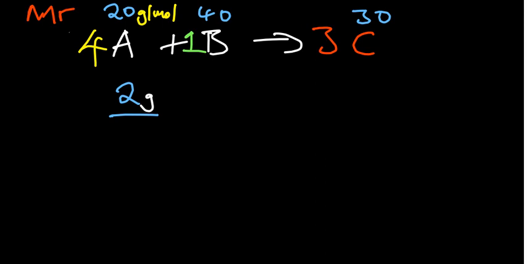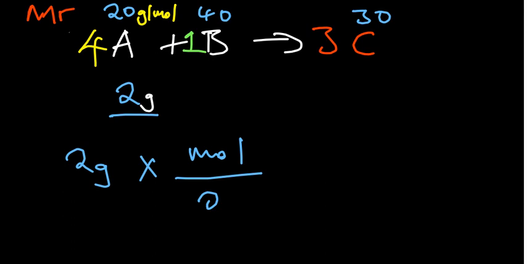So considering a case where you have 4 to 1 as our ratio, and then you've got 2 grams of A, you should be able to determine how much of B is required to react. How? We'll find the number of moles. We said number of moles is mass divided by molar mass. So 2 grams divided by 20 grams per mole.